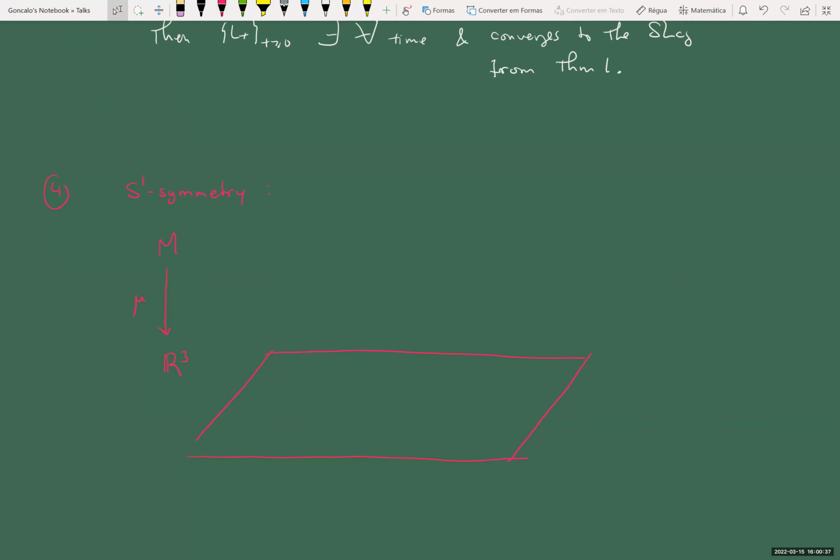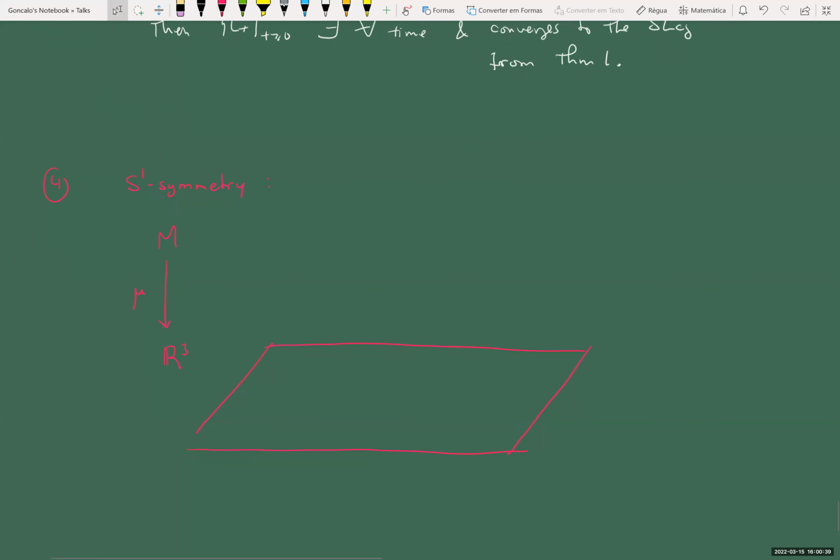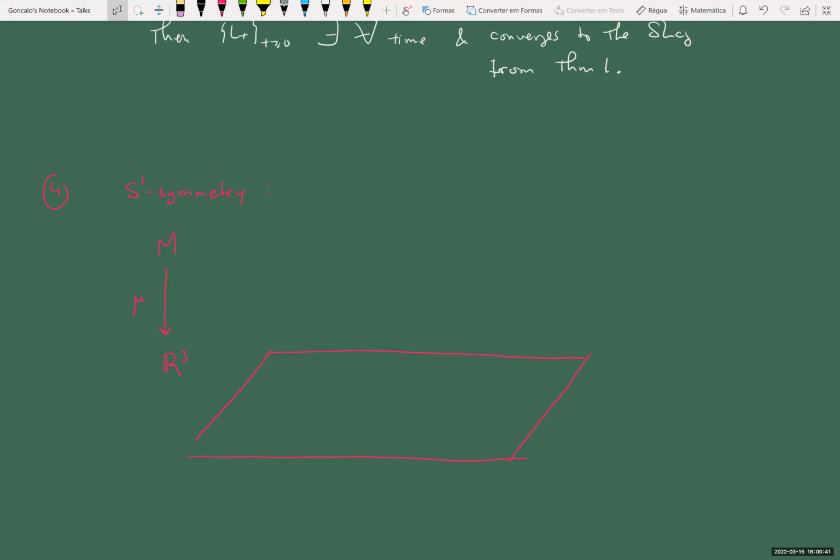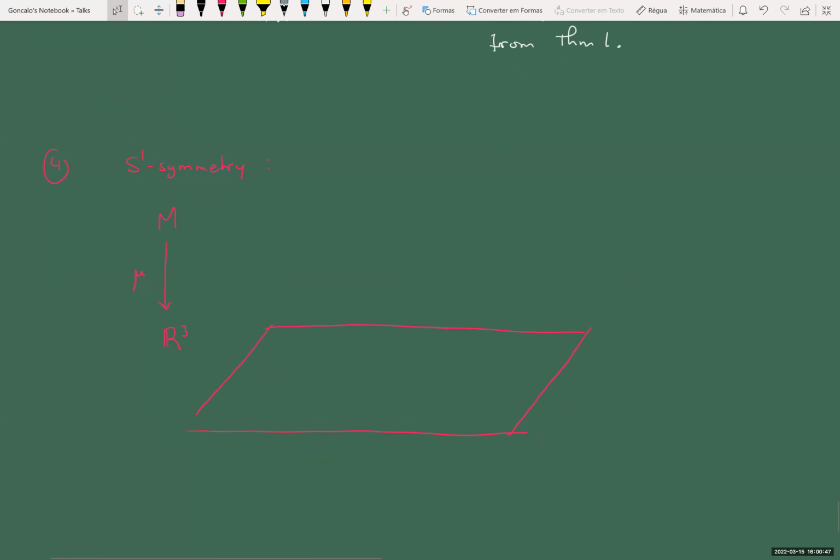If you are familiar with it, this is the hyperKahler moment map, because these Calabi-Yaus in 4 dimensions are the same as being hyperKahler, and mu is the hyperKahler moment map for the circle action. And this has the property that there exists a finite set S. It's actually a discrete set, but let's suppose it is finite.